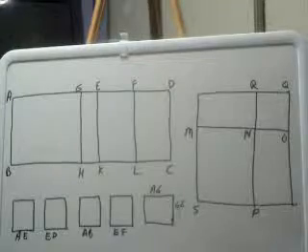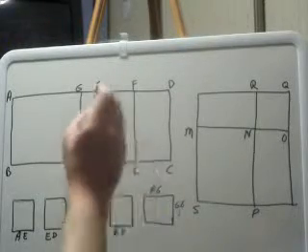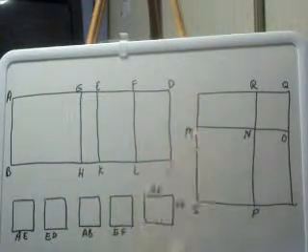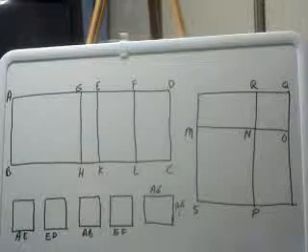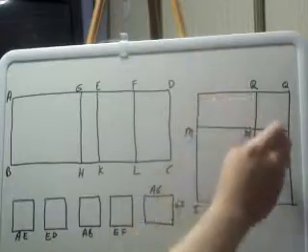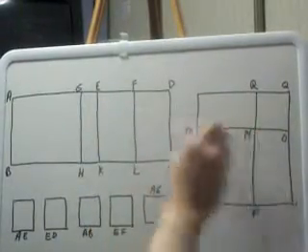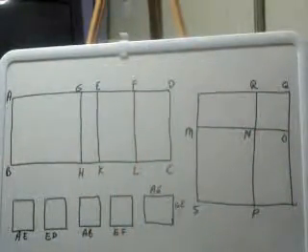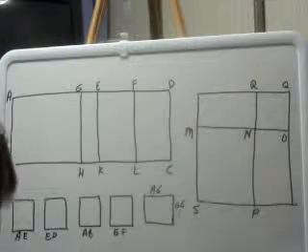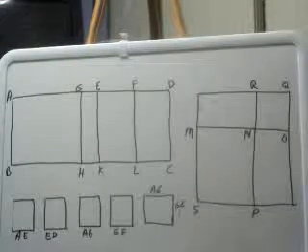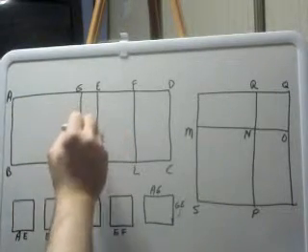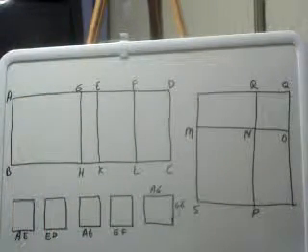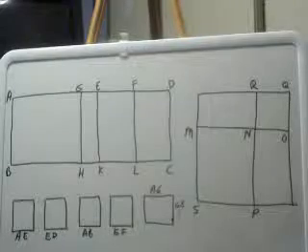So EL is equal to MR. This is equal to this. So that it is also equal to PO. This is equal to this, and this is equal to this, and this is equal to that. We're talking about areas here now. But AH and GK are also equal to SN and NQ.